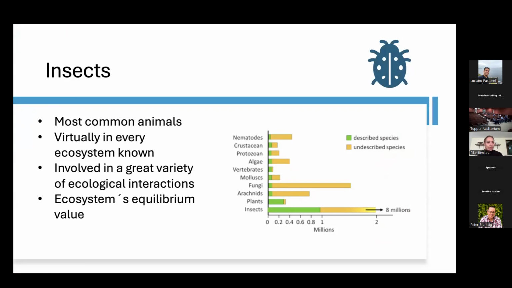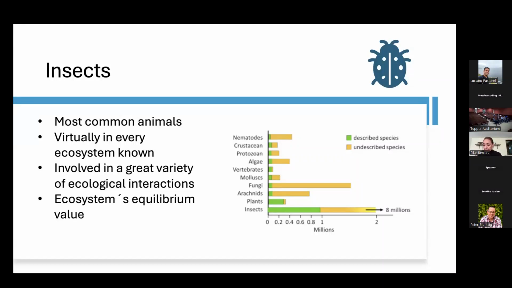So I was saying, let's talk a little bit about insects. They are one of the most common animals on our planet, and they represent more than half of all known species, with around 1,000,000 species described, and it is thought that there might be almost 8 million species yet to be described.